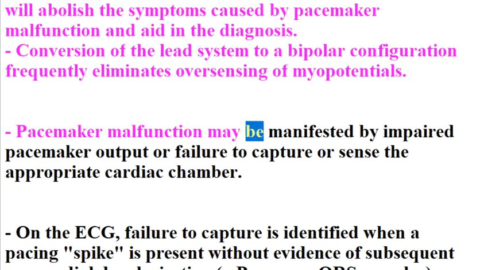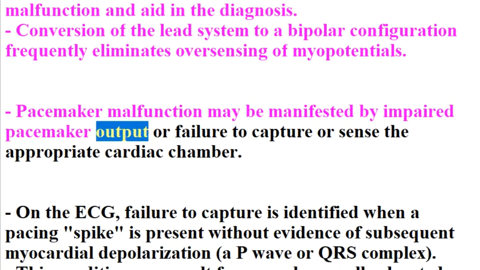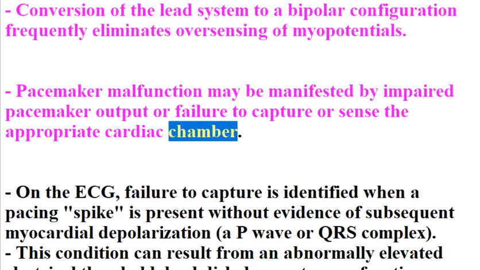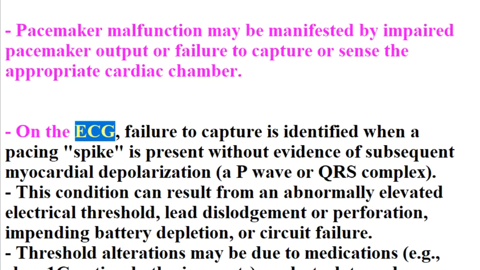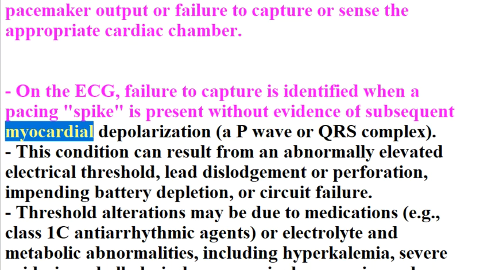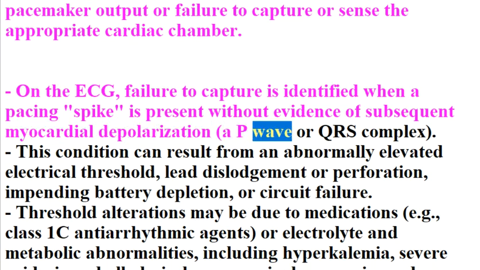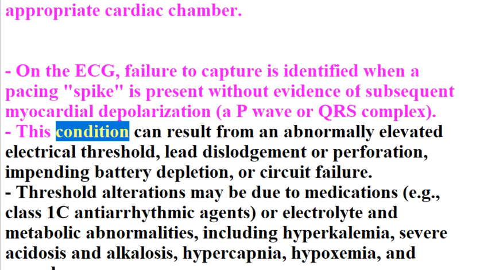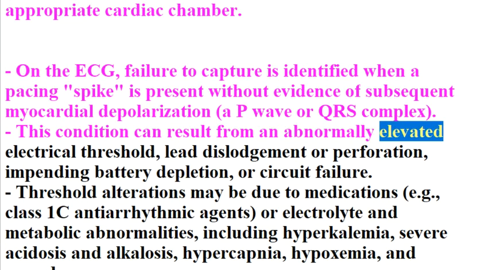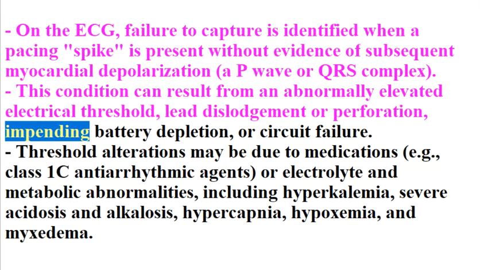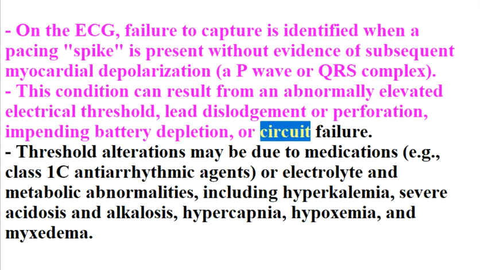Pacemaker malfunction may be manifested by impaired pacemaker output or failure to capture or sense the appropriate cardiac chamber. On the ECG, failure to capture is identified when a pacing spike is present without evidence of subsequent myocardial depolarization, a P wave or QRS complex. This condition can result from an abnormally elevated electrical threshold, lead dislodgement or perforation, impending battery depletion, or circuit failure.